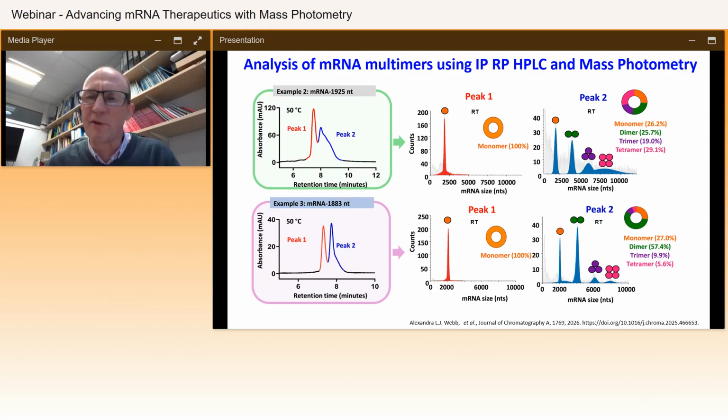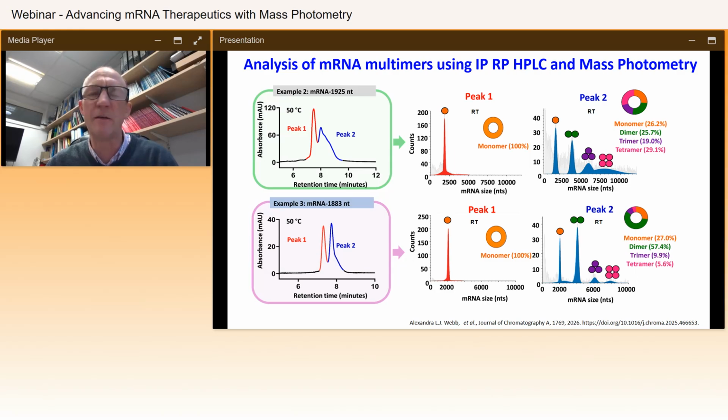And we've got a couple of other examples where we analyzed some different types of mRNA, some different sequences, some different lengths of mRNA. So I've got two different examples here where we did exactly the same workflow. We used the ion pair reverse phase chromatography in the presence of magnesium ions to separate the proposed monomer from the higher order species. We collected the fractions and went directly to the mass photometer, which allowed us to confirm that peak 1, in this case, was the mRNA monomer.